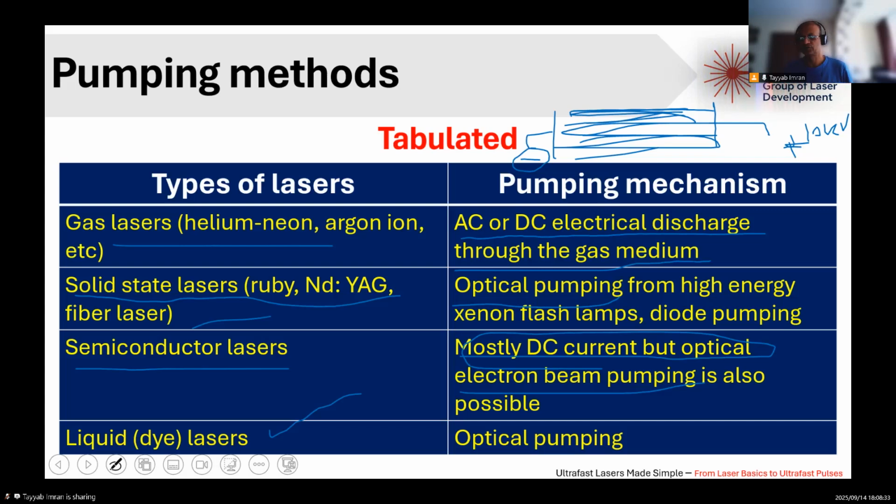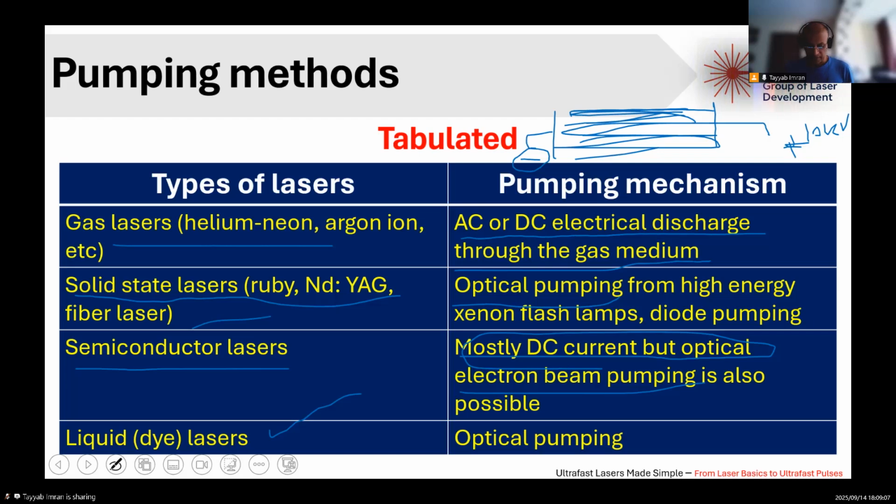We just use optical pumping, basically another laser, to apply the energy and start the laser action, population inversion, etc. So gas lasers have DC or AC electrical discharge as a pumping source, solid state lasers have an optical pumping source, semiconductor lasers need a DC current source as a pump, and liquid or dye lasers use optical pumping.